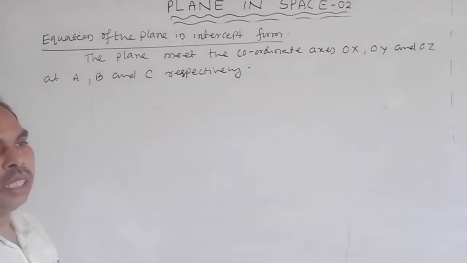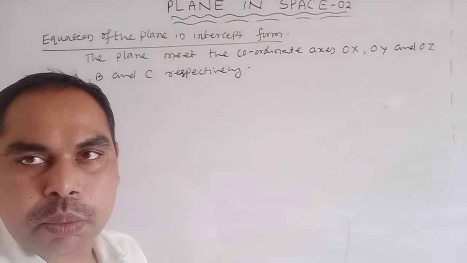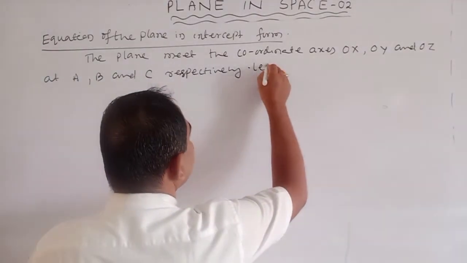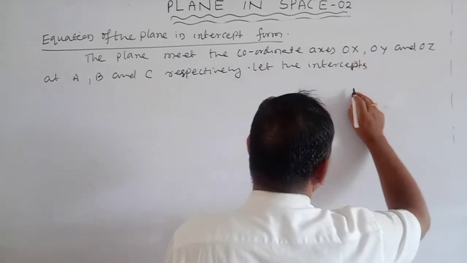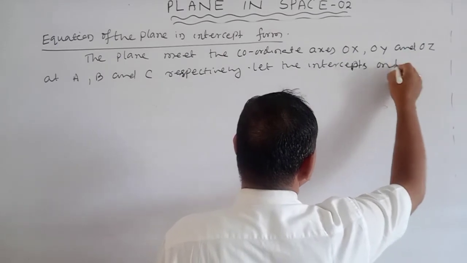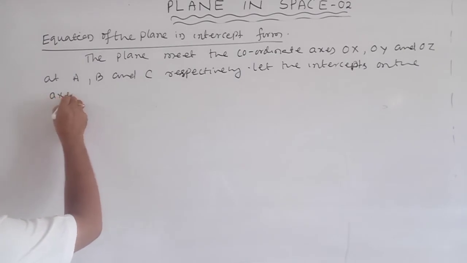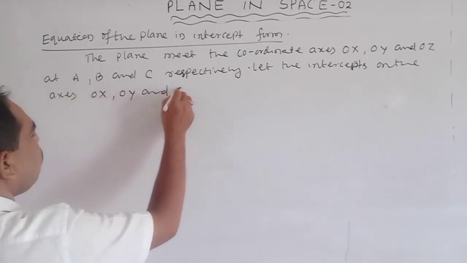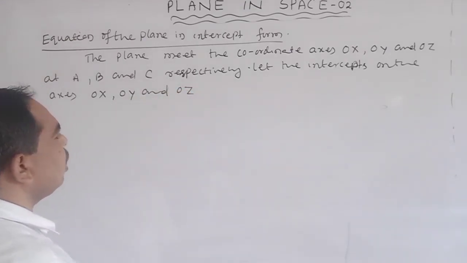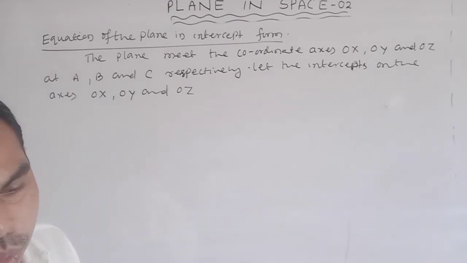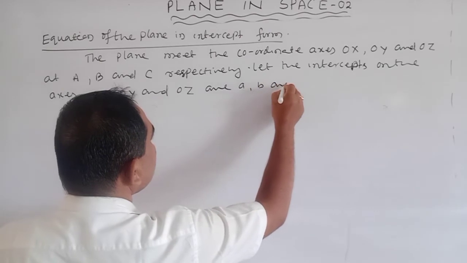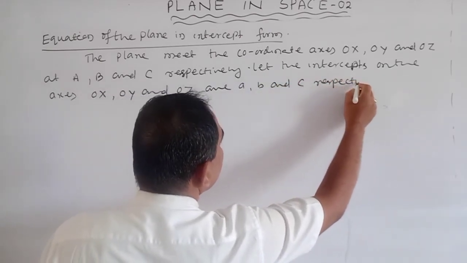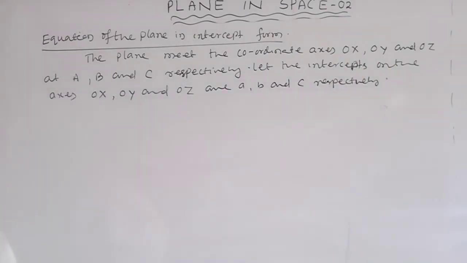Let the intercepts on the axes OX, OY and OZ be small a, small b and small c respectively.